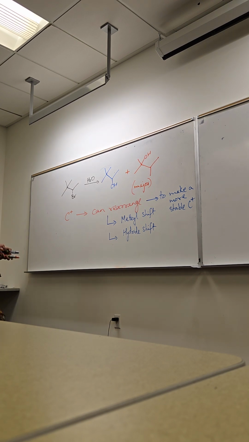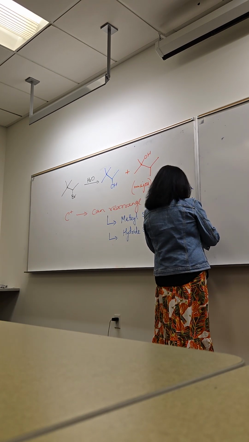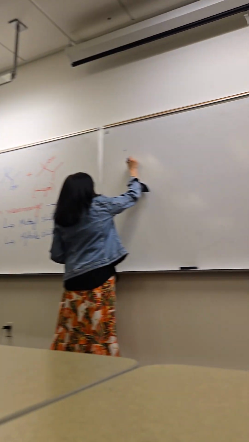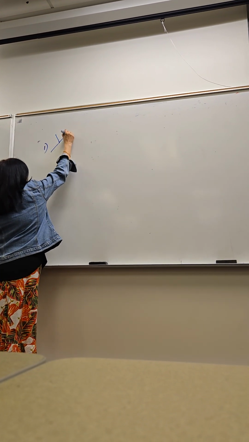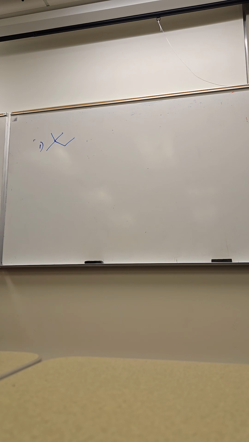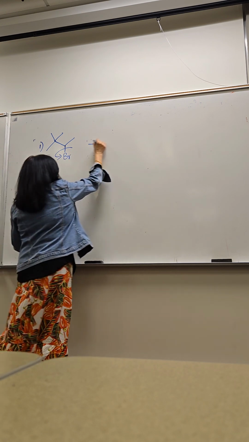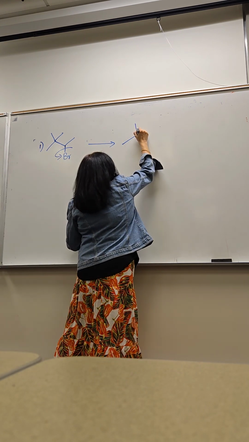You guys with me? So let's look at this example. If you were writing a mechanism for this one, what would the first step be? The first step will be the same for both the blue and the red because it's SN1. Kick out the Br, which creates a carbocation.